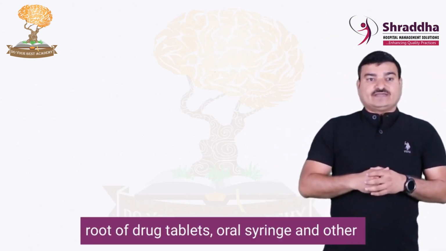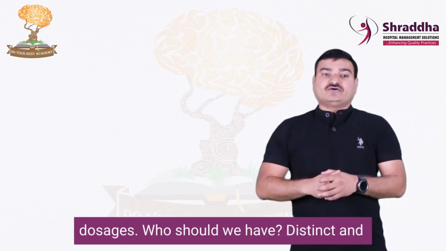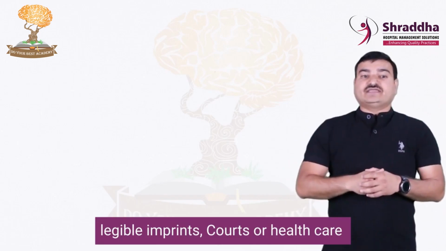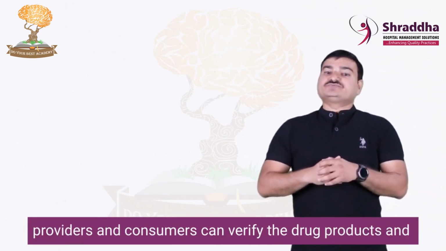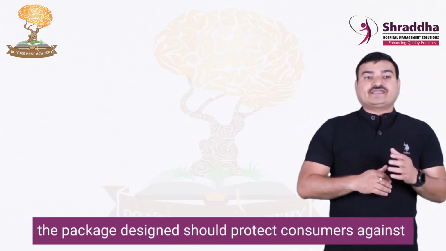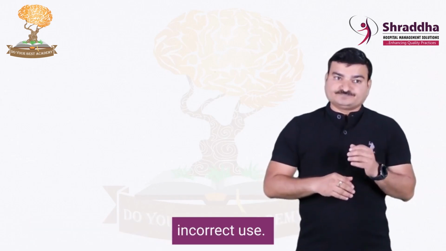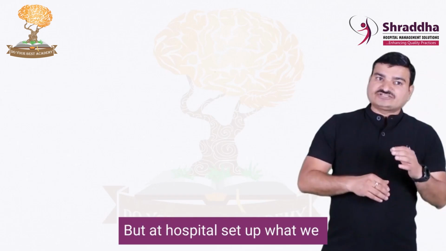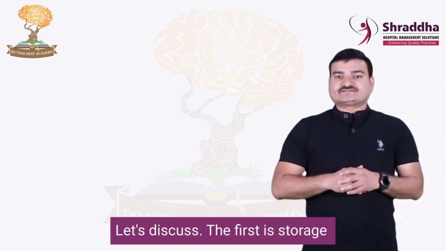Route of drug, tablets, oral syringe, and other dosage forms should have distinct and legible imprints and codes so healthcare providers and consumers can verify the drug products and strength. The package design should protect consumers against incorrect use. But at hospital setup, what we can do, let's discuss.